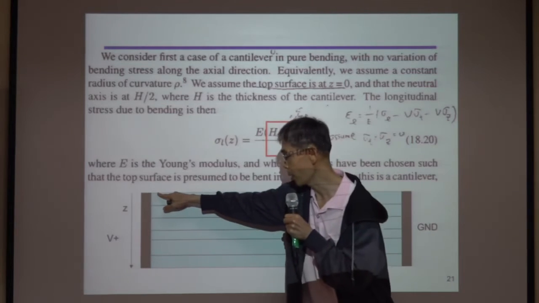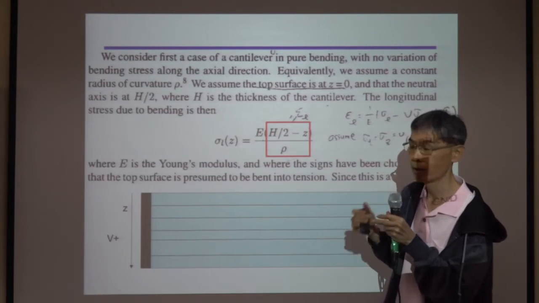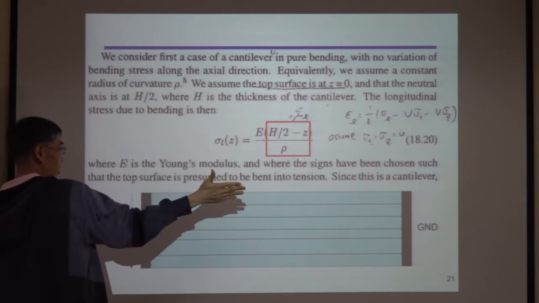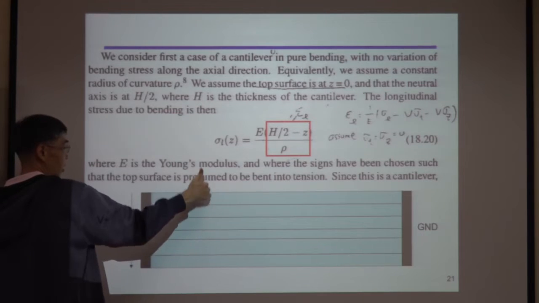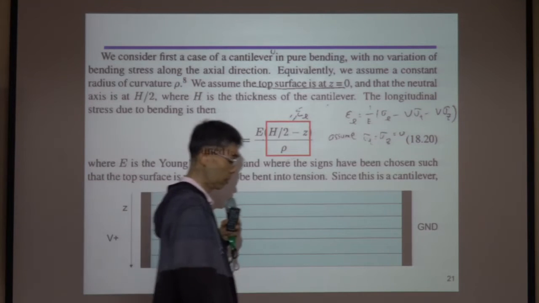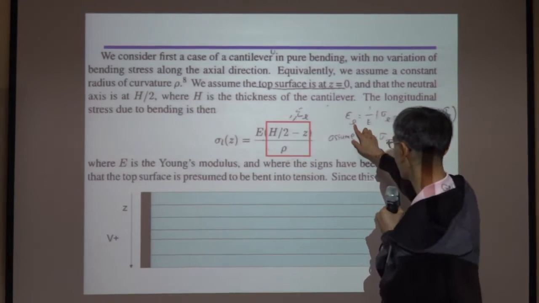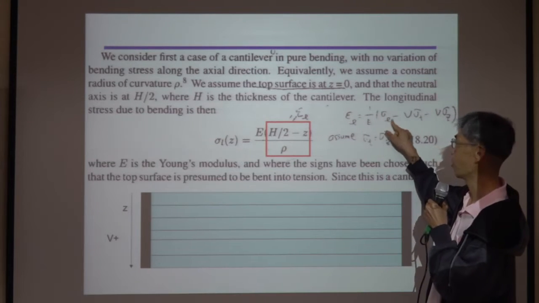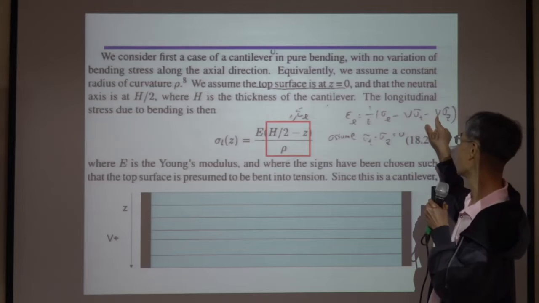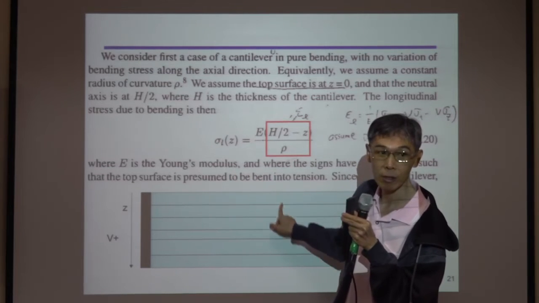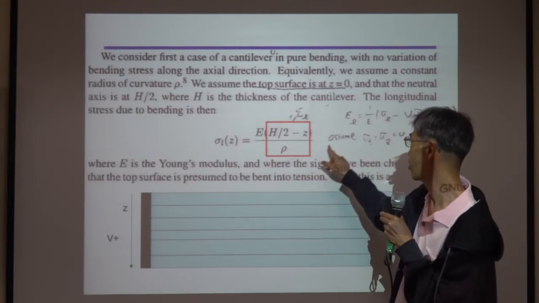If my forefinger is the L direction, then rotating 90 degrees gives the T direction, and the thumb direction is the Z direction. So we have epsilon L equal 1 over E times sigma L minus nu sigma T minus nu sigma Z. For the beam, under bending condition, we only have sigma L.